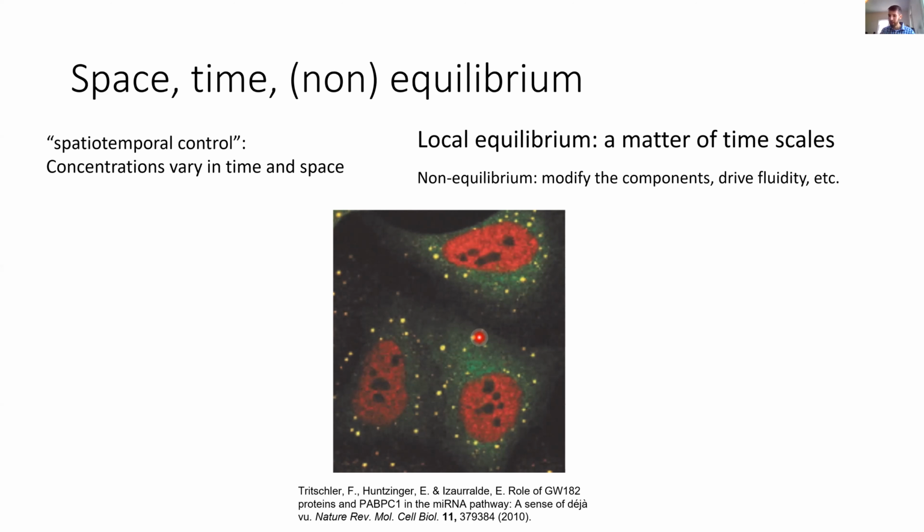There are now a lot of cool ideas about how cells can actively burn ATP to fluidize the components of these droplets and maybe prevent the formation of pathological gels or solids that could be very dangerous for the organism. And as I said, this is still a really active area of research.